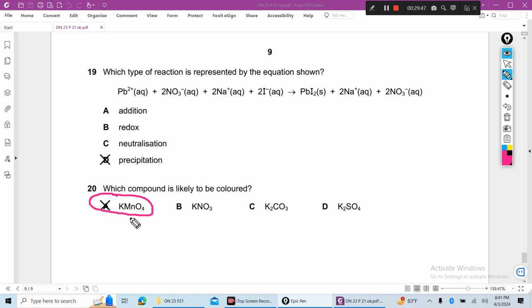Potassium permanganate is colored, but potassium nitrate is white, and potassium carbonate is not colored. Potassium sulfate is not colored, and potassium permanganate is purple or pink. So the answer will be A.